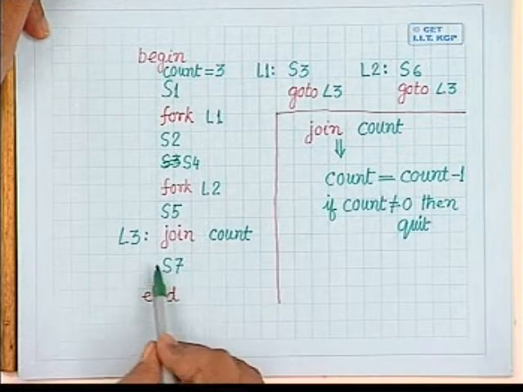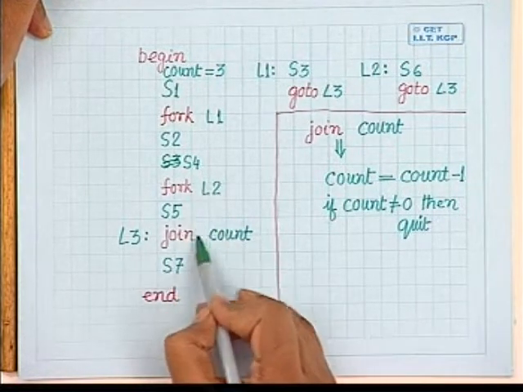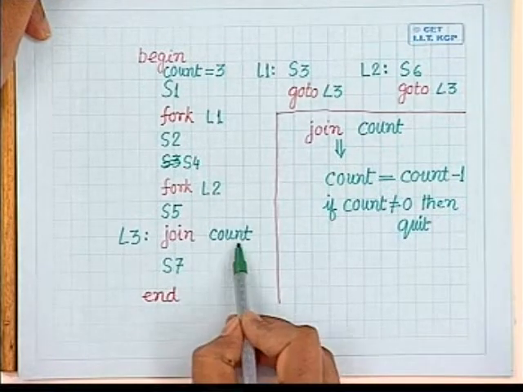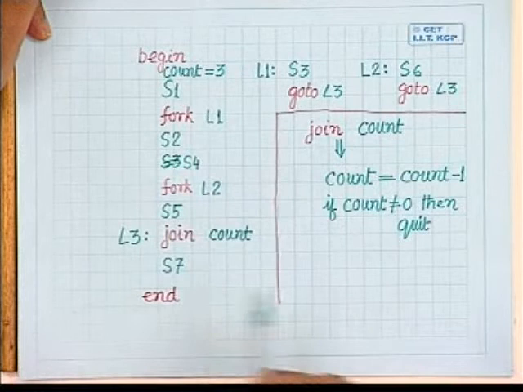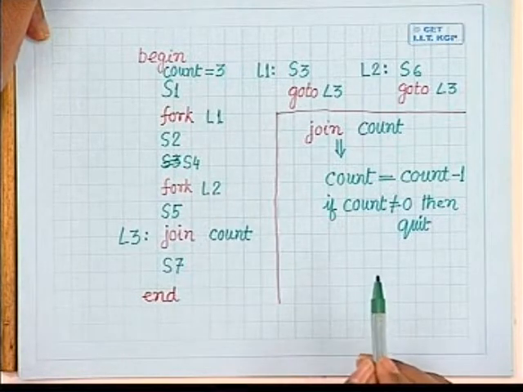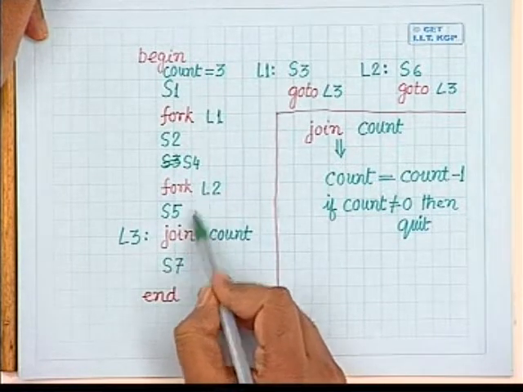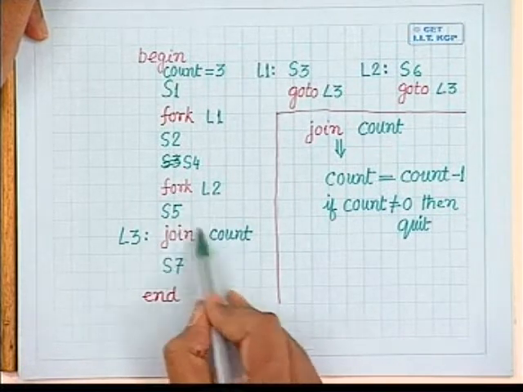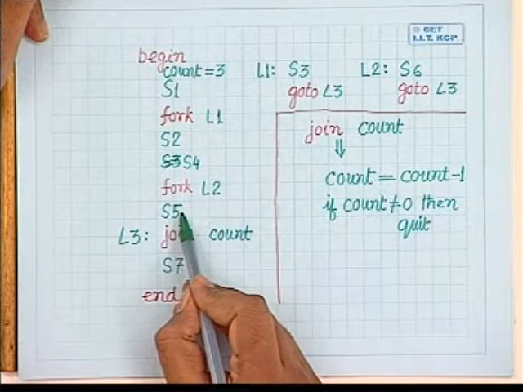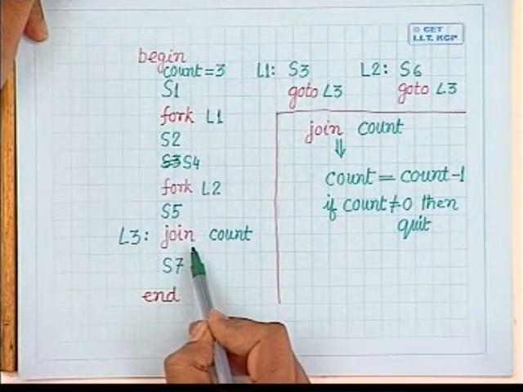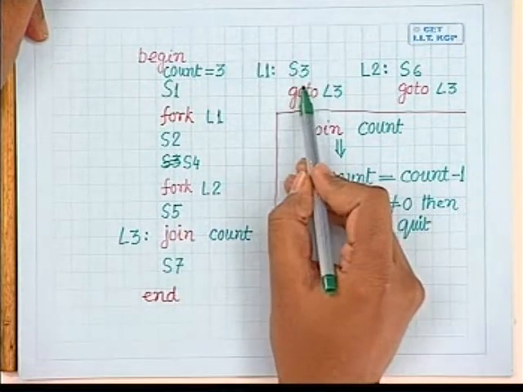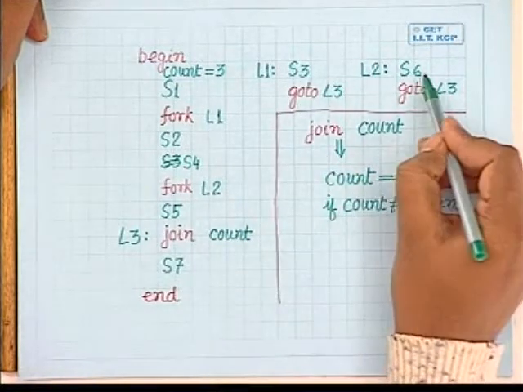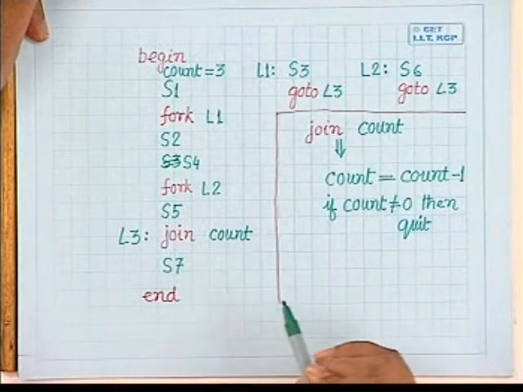Since 3 processes will be executing this join count statement, and we have initialized the value of count to 3, I still don't know whether the process executing S5, or the process executing S3, or the process executing S6 will execute the join statement first.